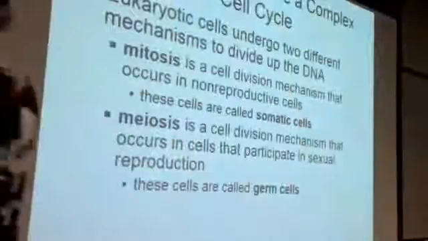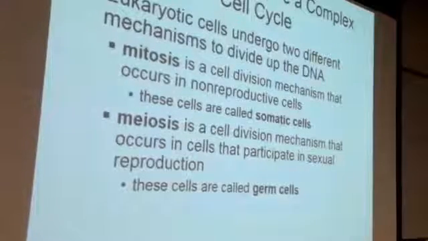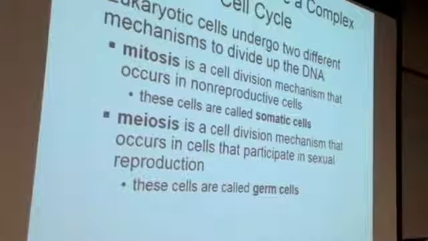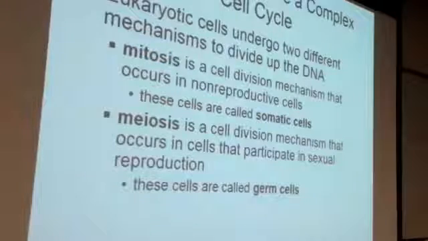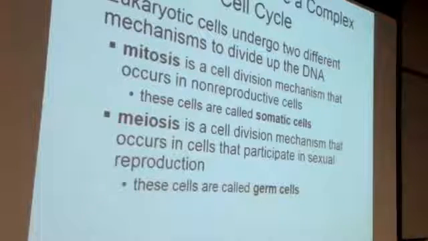And then finally, the third one is asexual reproduction. Asexual reproduction means there's only one parent, like binary fission.